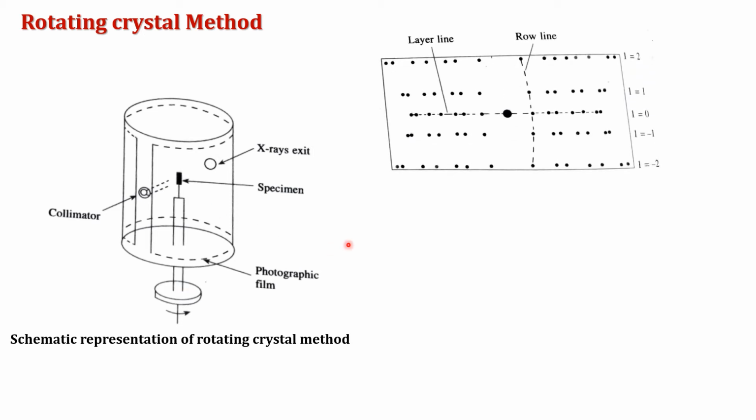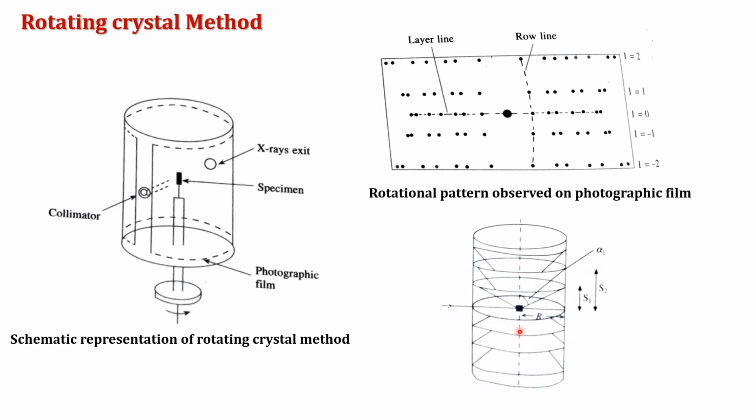Now, what is the typical reflection photograph when we expose the film and develop it? It is shown here. The resulting photograph shows all diffracted rays which lie on a series of concentric cones, which we have just shown here.